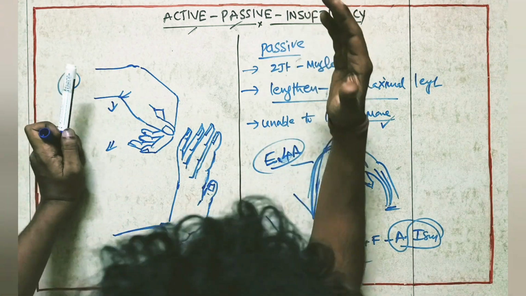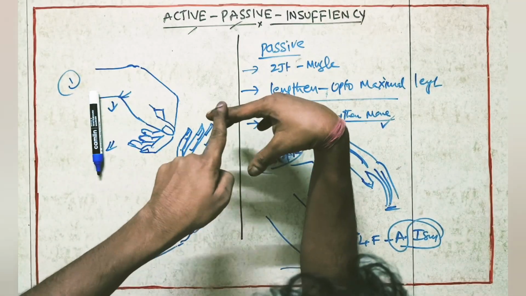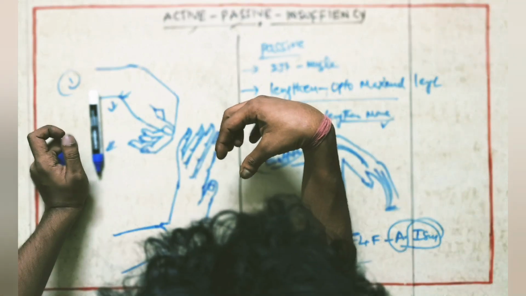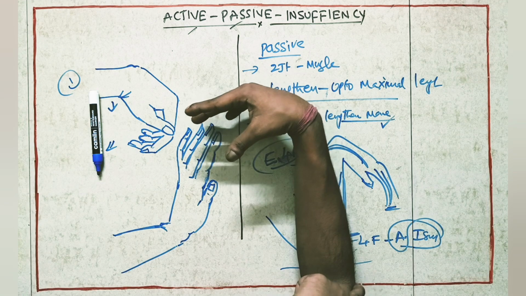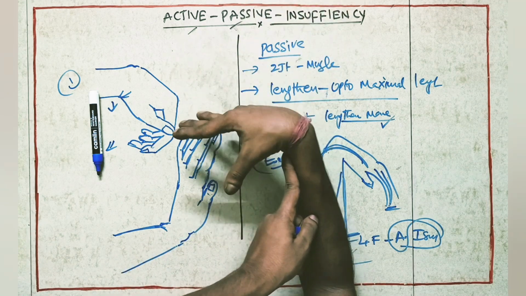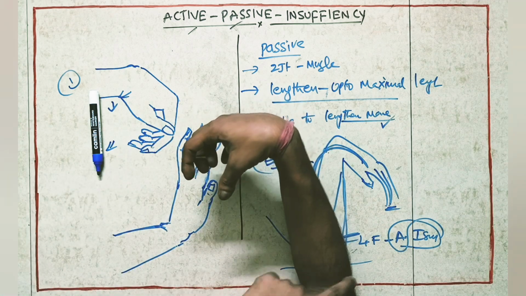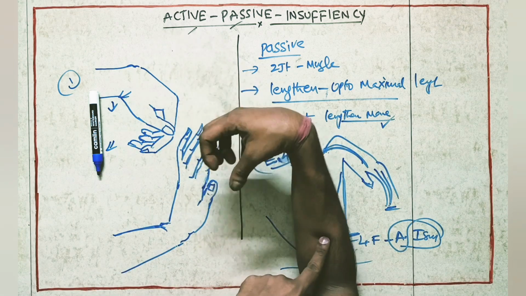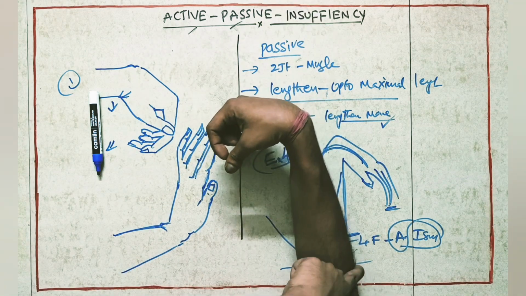When we do this movement, the fingers will automatically stay in extension only. Fingers will not go for flexion, because the extensor muscles present here increased in length when we flexed the wrist. When we try to flex further, the muscle length cannot increase, because it is unable to lengthen more.